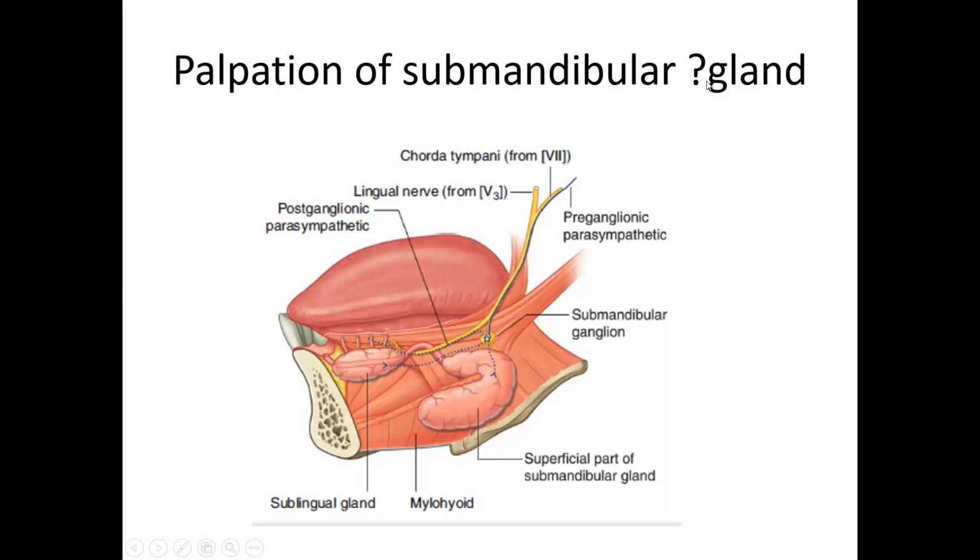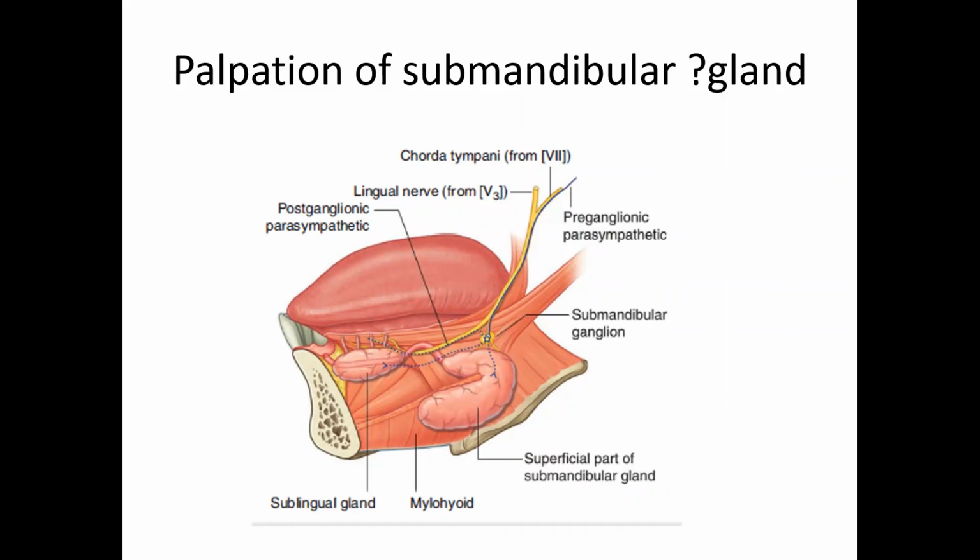When you use the word submandibular gland, suppose you are feeling the superficial part, you are not very sure whether it is the submandibular salivary gland or the submandibular group of lymph nodes. Remember, gland is called aden in Greek. So when you say adenitis, it means inflammation of the gland.